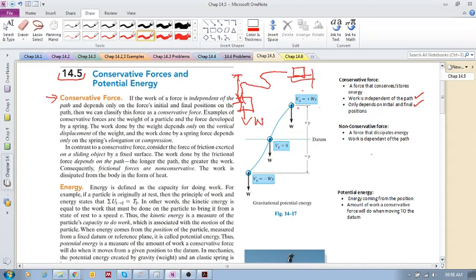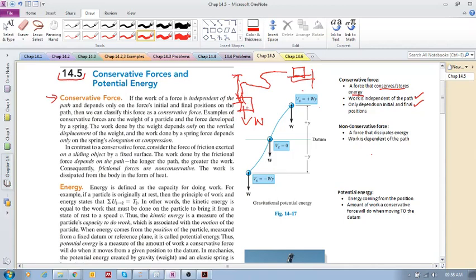A conservative force has the ability to conserve and to store energy. You could argue with me, and more intelligent people can argue with me, that's fine, but it is a force that can store energy. So gravity or weight is able to store energy.